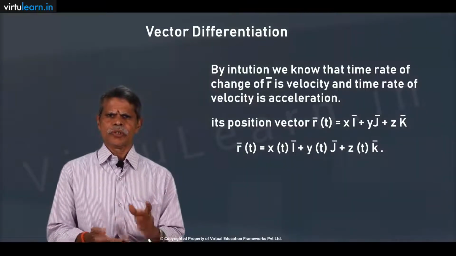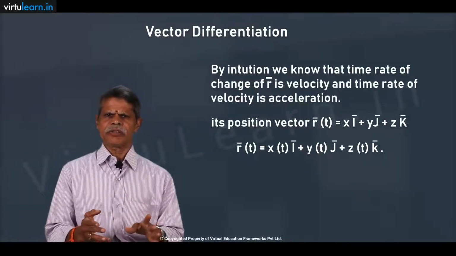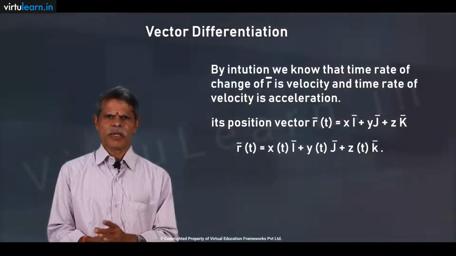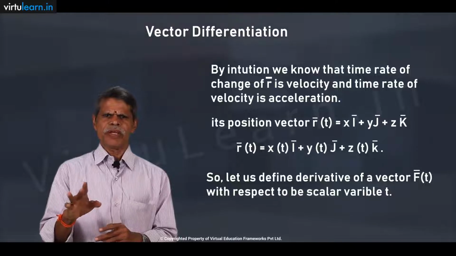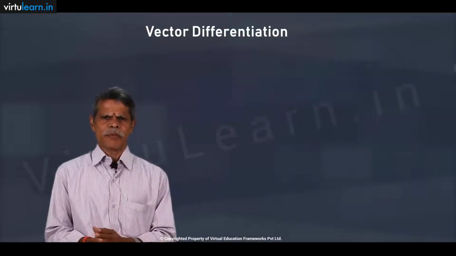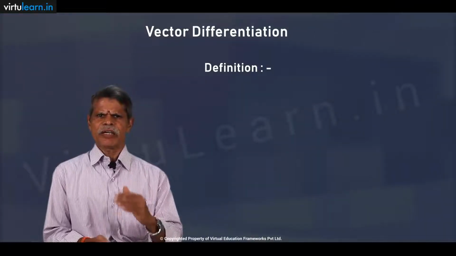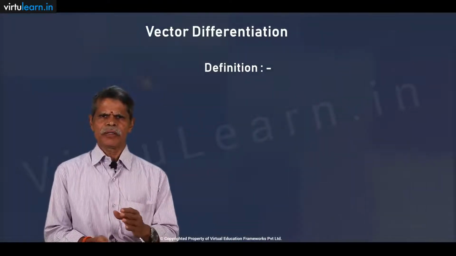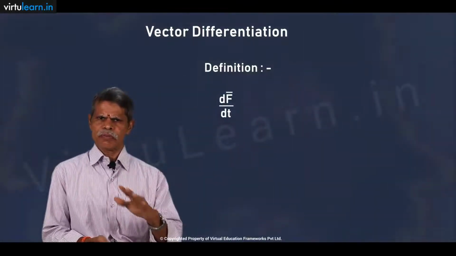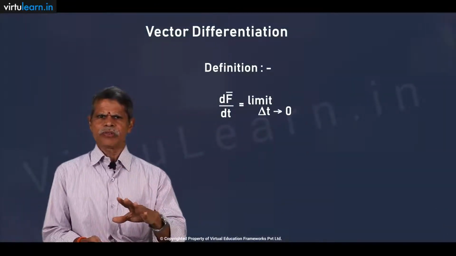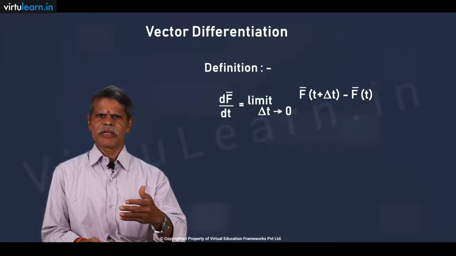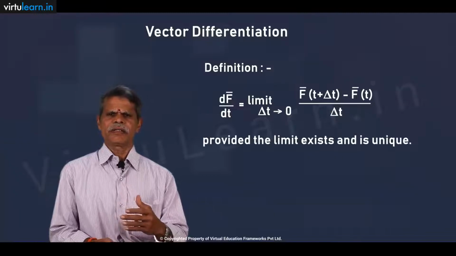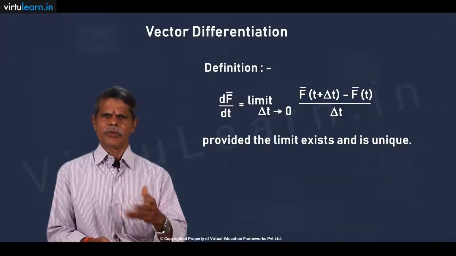So let us now know the basic or fundamental definition for the derivative of a vector function of a scalar variable. Let f bar of t be a vector function like r bar of t. Then we provide the fundamental definition similar to that of a function of a real variable. How do you define d by dt of f bar? d by dt of f bar is equal to the limit as delta t tends to 0 of f bar of t plus delta t minus f bar of t, divided by delta t, provided the limit exists and of course it is unique.